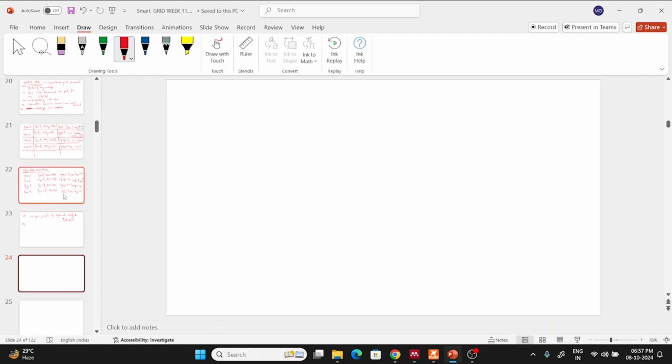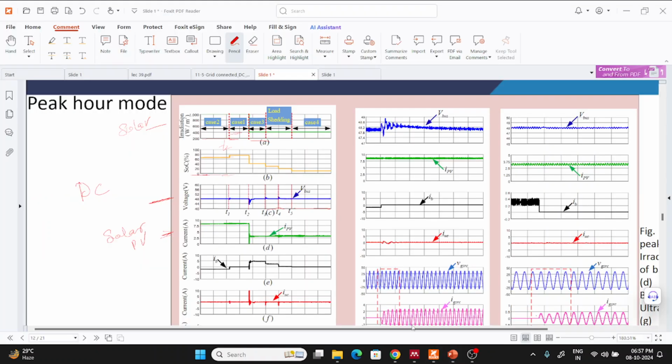Now we will discuss how all these things happen, how we simulate these things. There are various hardware facilities I will show in your figure.